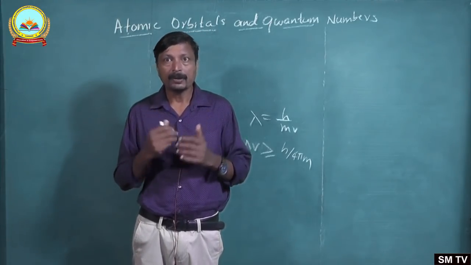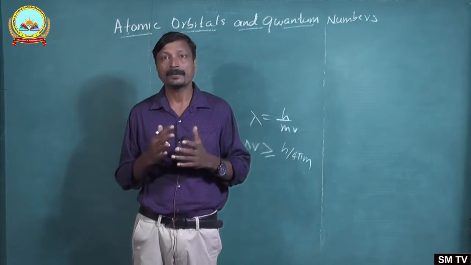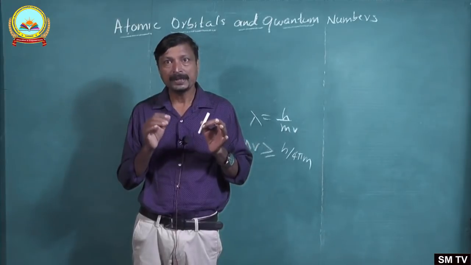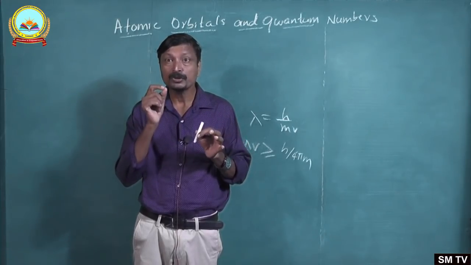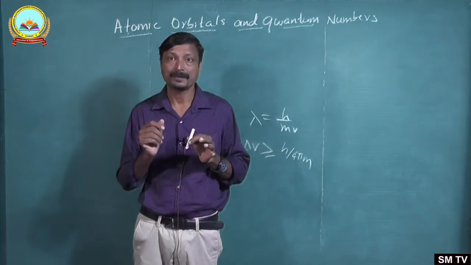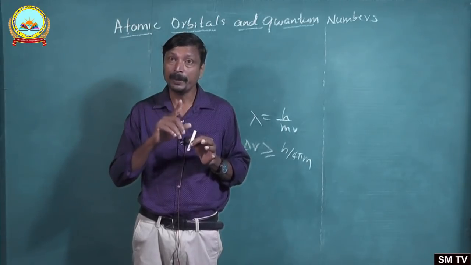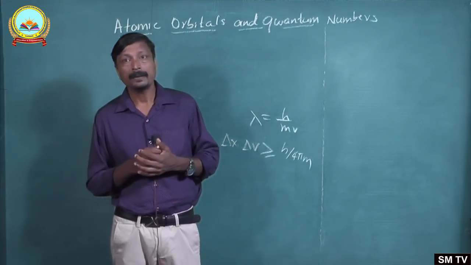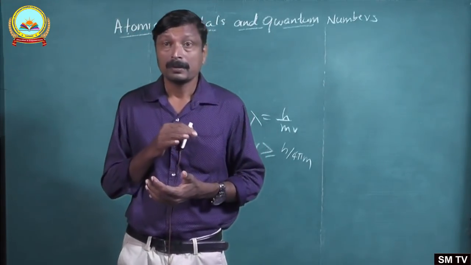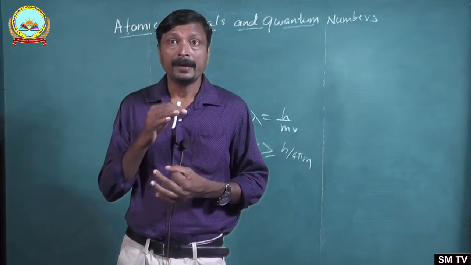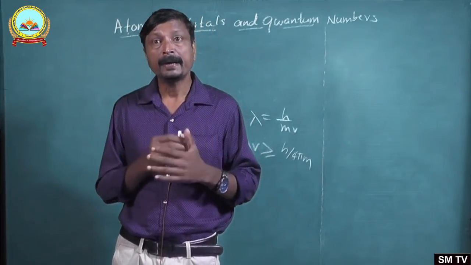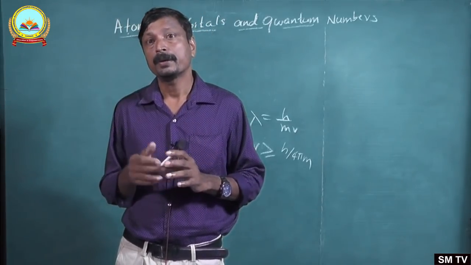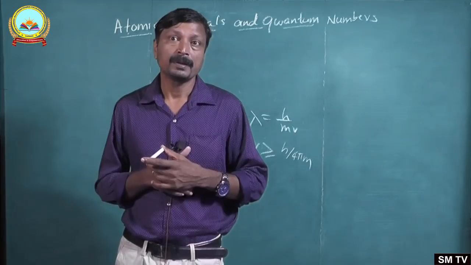After that, quantum mechanics. What is quantum mechanics? It is a theoretical science which deals with the motion of microscopic particles like electrons, which have considerable wave and particle properties. Schrödinger and Heisenberg independently developed quantum mechanics. Schrödinger gave the wave function equation.